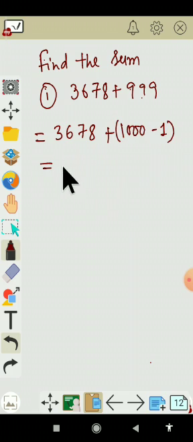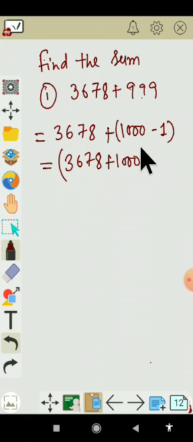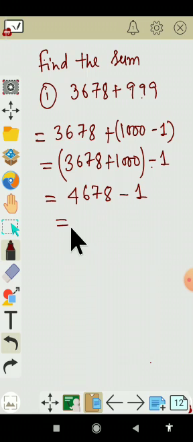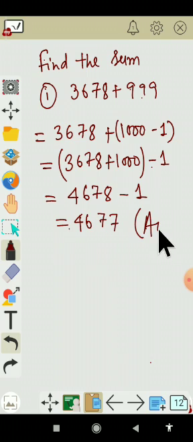Now the associative law is used here, and this minus 1 is applied later. If you add, you will get 4678 minus 1, and if you subtract 1, you will get 4677. So this is the answer. What we have done is use the associative property.